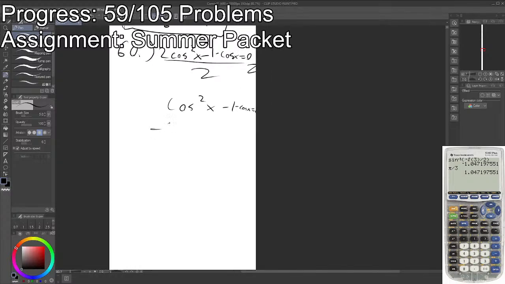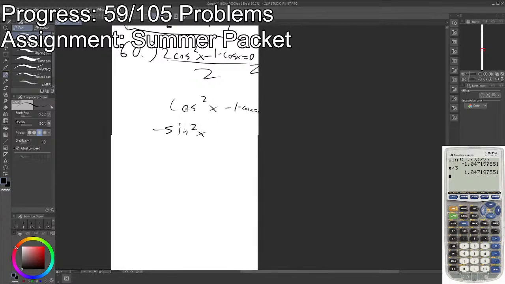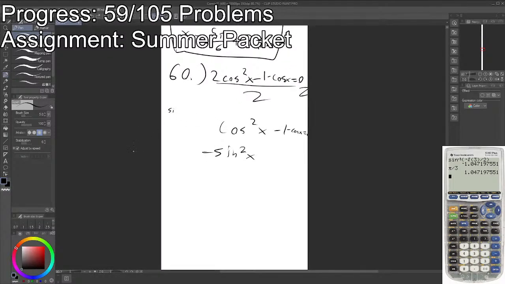It's negative sine squared x, right? Yeah.